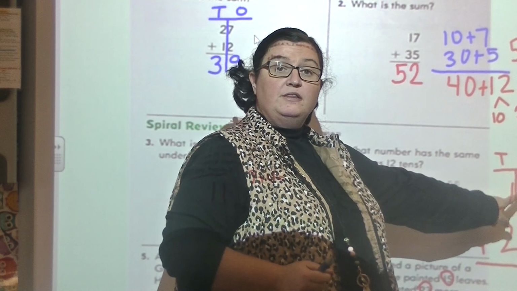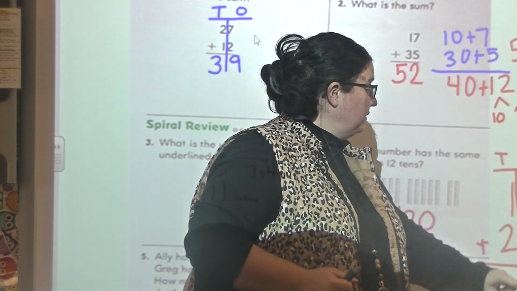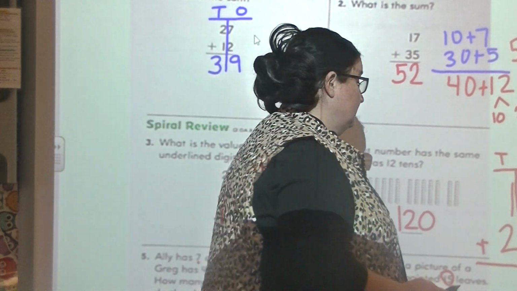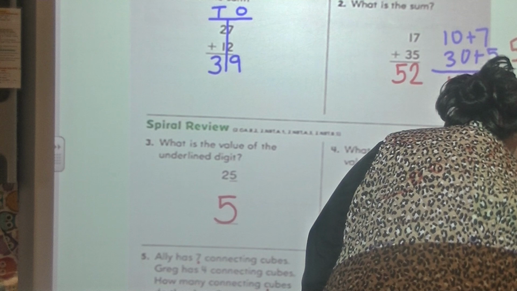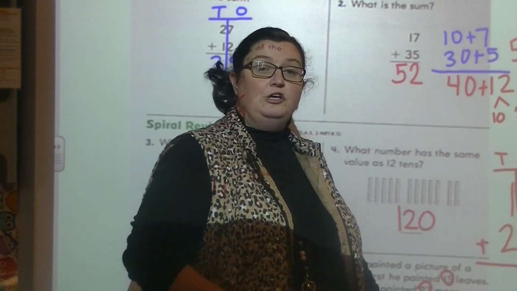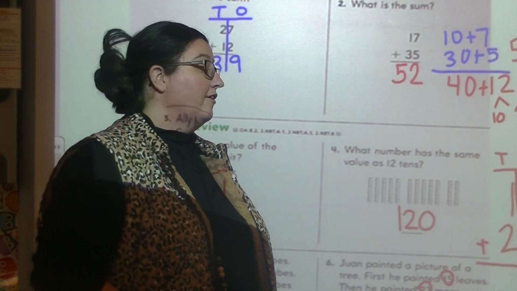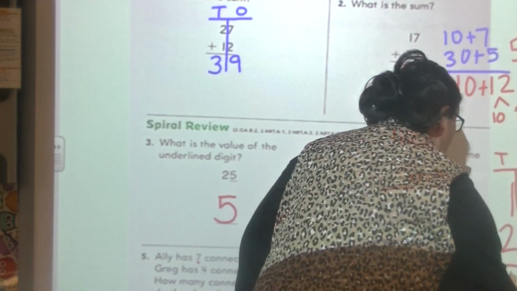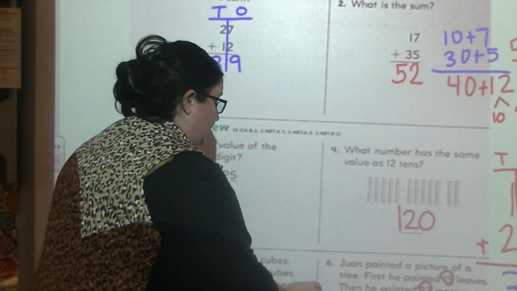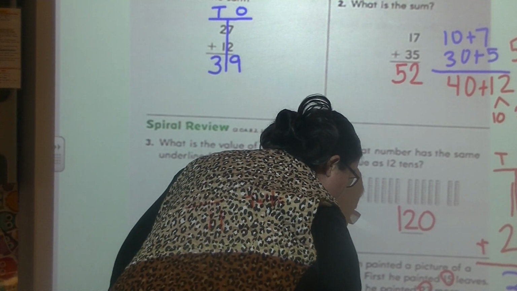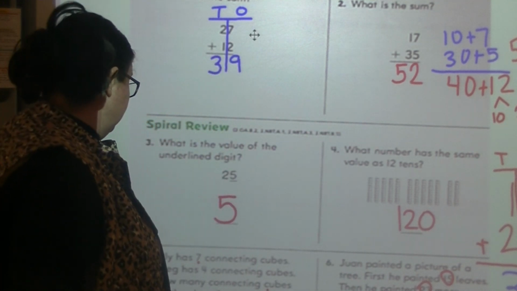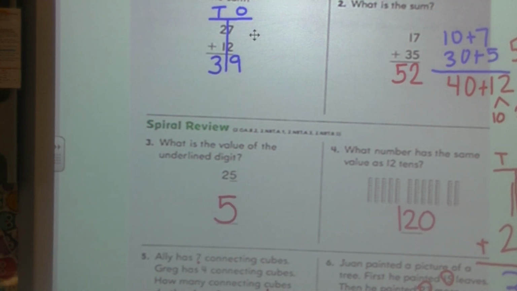All right, always start in the ones column. 5 plus 3 equals 8. 1 plus 2 equals 3. My answer is 38. 38 leaves. All right, check your work.